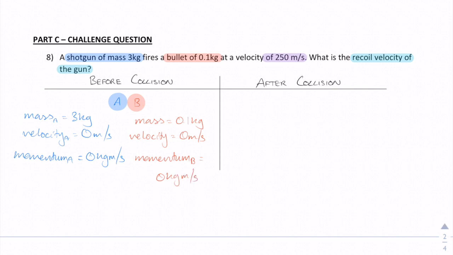So the total initial momentum is equal to the total initial momentum of A plus the total initial momentum of B, so the total initial momentum is equal to 0 kilogram meters per second. According to the law of conservation of momentum, we know that the total final momentum is also equal to 0. Let's write that here.